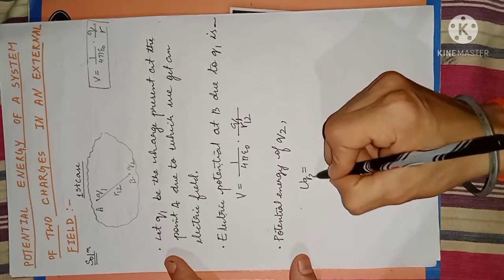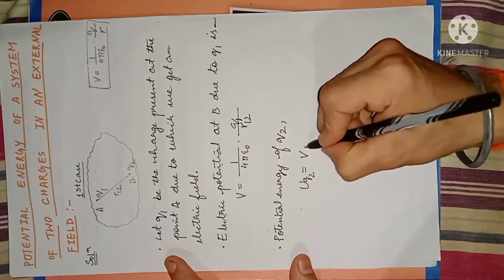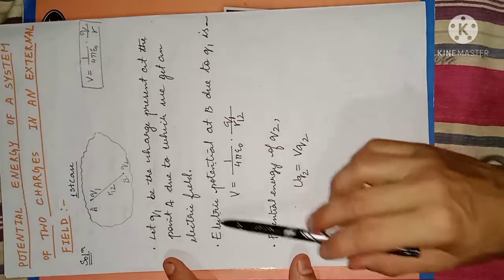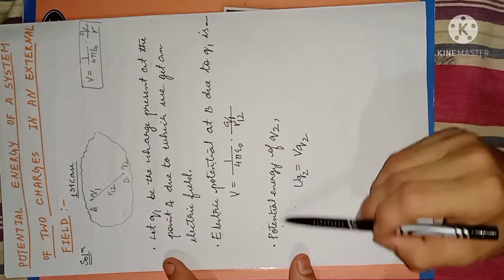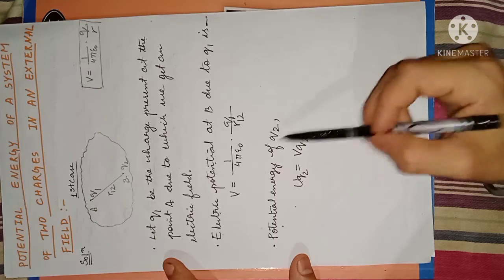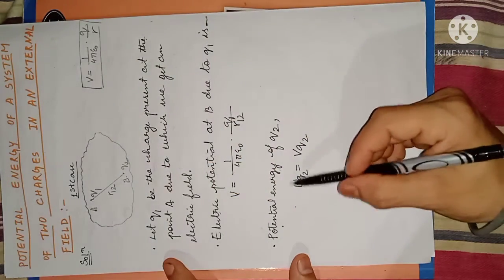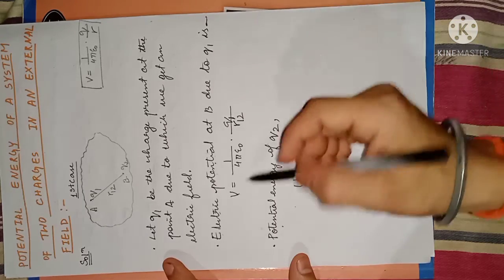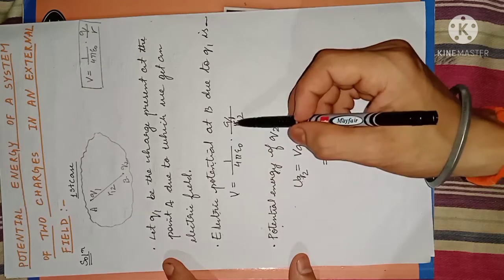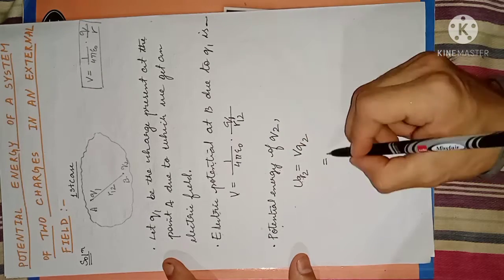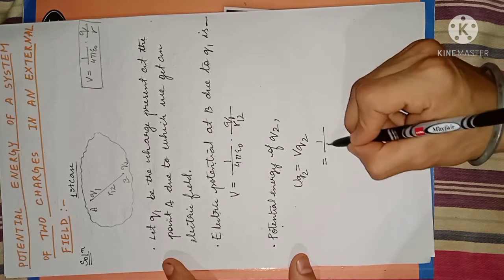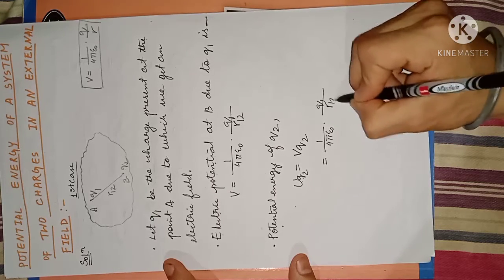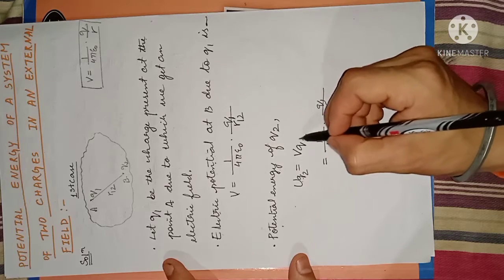So UQ2 will be equal to VQ2. So we can write the potential energy of Q2, UQ2, equal to VQ2. Since we know that V is equal to 1 by 4 pi epsilon naught into Q1 by R12, we substitute 1 by 4 pi epsilon naught into Q1 by R12, and the additional term is Q2.